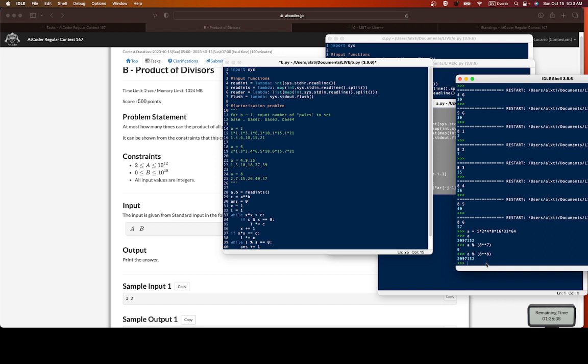Okay, where are the factors? 1, 2, 3. And then itself.